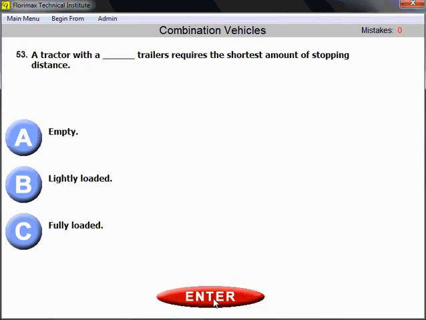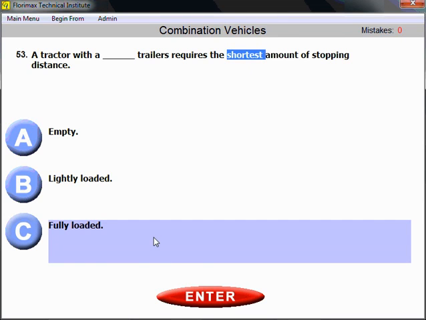Question number 53. A tractor with what kind of trailers requires the shortest amount of stopping distance? Definitely the shortest would be fully loaded. A tractor with a fully loaded trailer or trailers requires the shortest stopping distance.